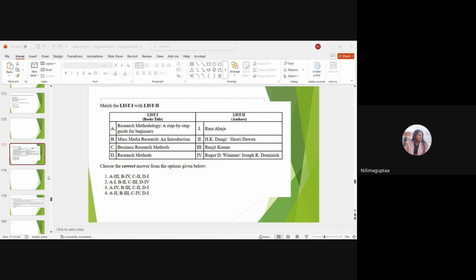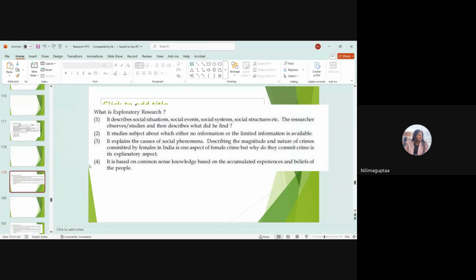So this is the PYQ question; at least go by these four important books. We never know. Repetition is very less, but we should be better safe than sorry. Then your next question is, what is exploratory research?